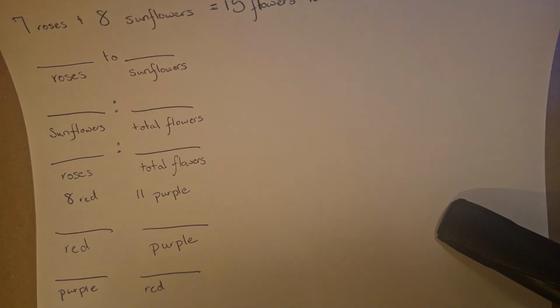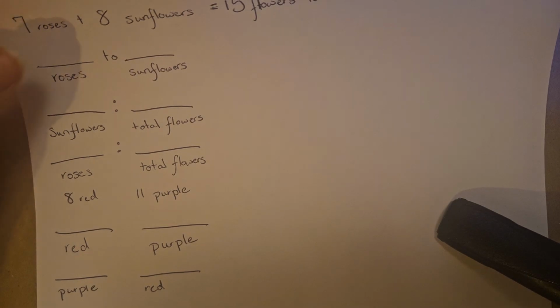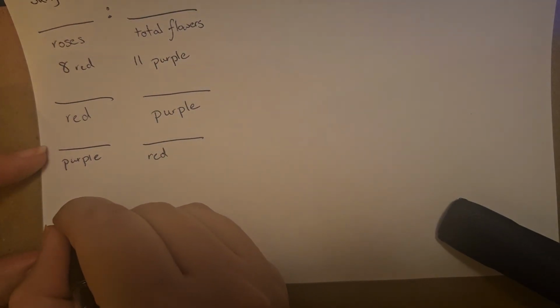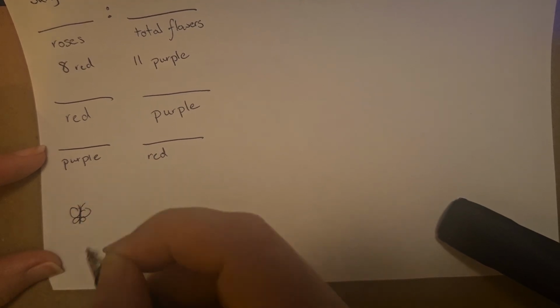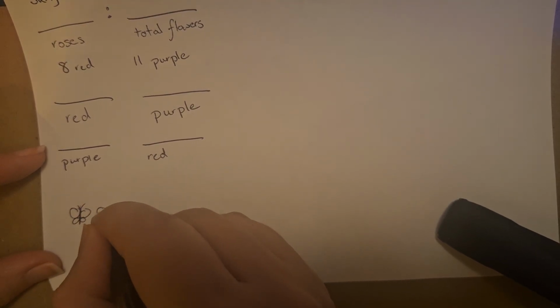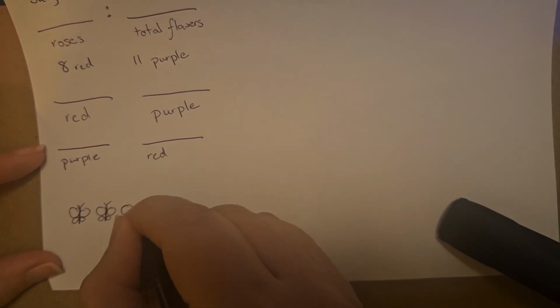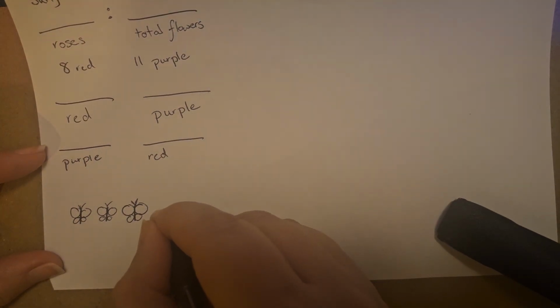Here's where the assignment diverged. Some people got some extra questions just to make sure that they understood the topic. Question number 4, you're given a picture of butterflies and a picture of ants. The ratio of ants to butterflies. As a reminder, we have 3 butterflies. I'm just going to try to draw a really quick and dirty picture of butterflies. It's not pretty, but it works. And we have, I need Conrad to do this part.